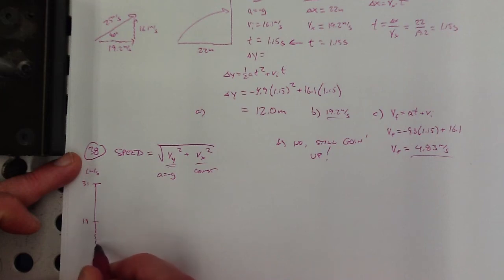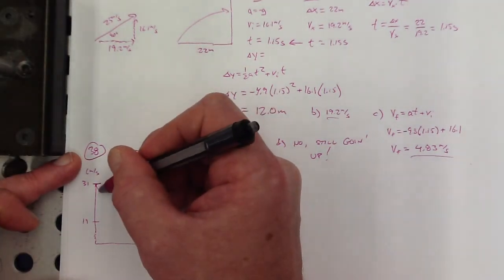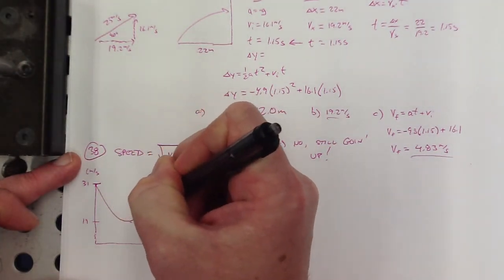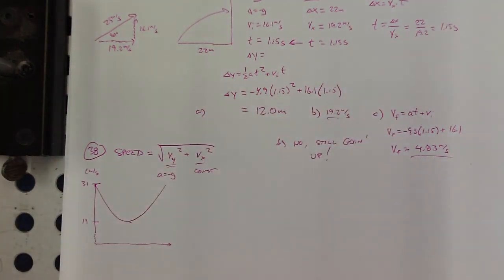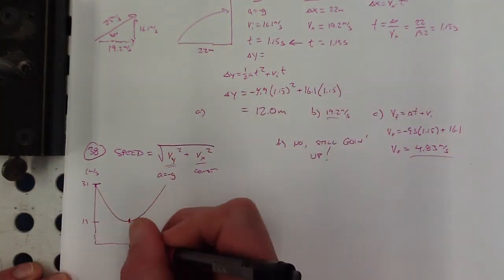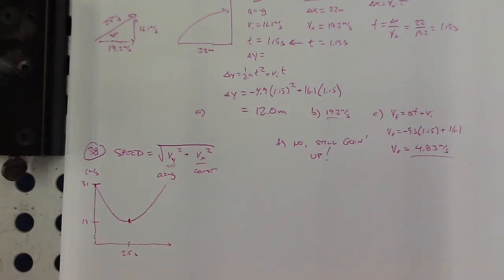It bottoms out there and looks sort of parabolic, but that is not a parabola. And this low point right here happens at 2.5 seconds. How far does the golf ball travel horizontally before returning to ground level? What's the maximum height above the ground?